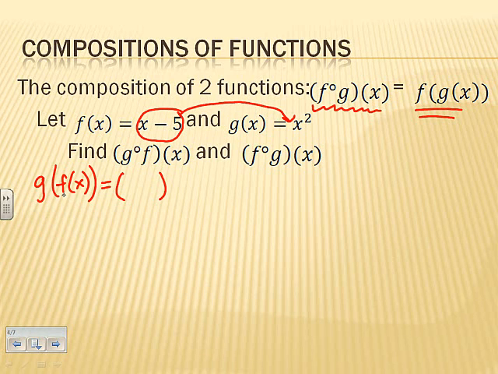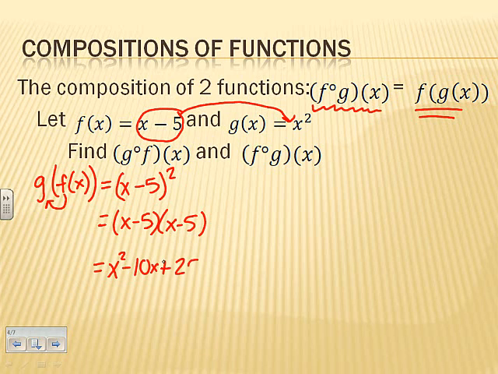We always work backwards, so f goes into g. So x minus 5 goes into the x squared function. Then this tells me to write it twice and FOIL out. When I FOIL it out, I get x squared minus 10x plus 25.